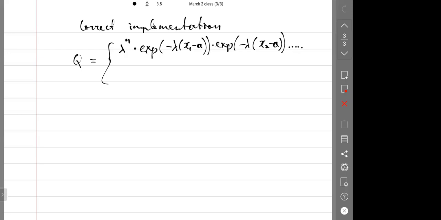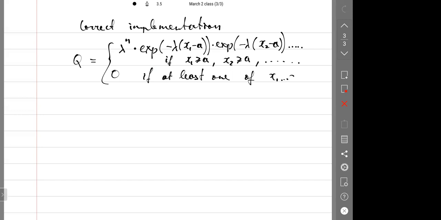And 0 otherwise. The first line will work if x1 is greater than a, x2 is greater than a, and so on. And the second line will work if at least one of x1, ..., xn is strictly less than a. So that's the correct full expression for my goal function q.